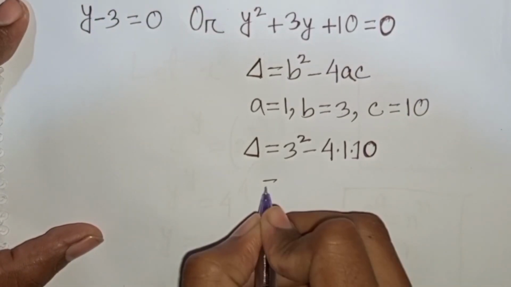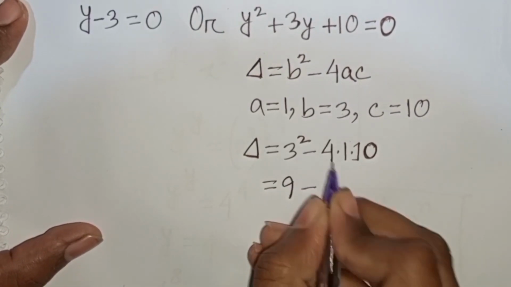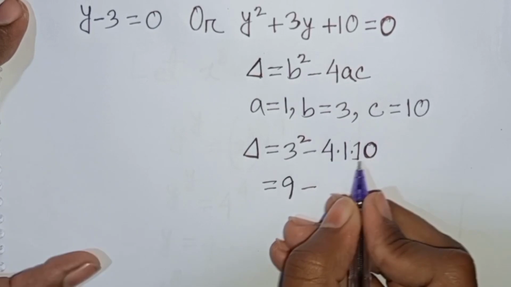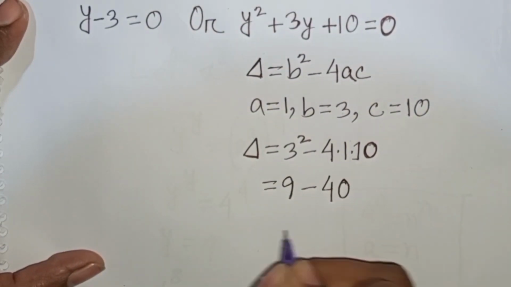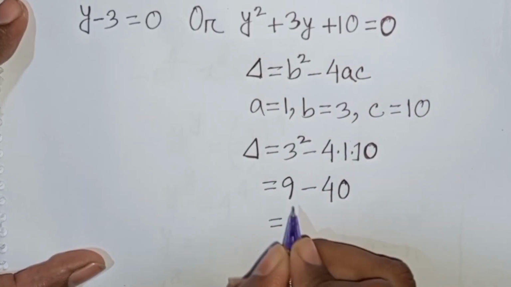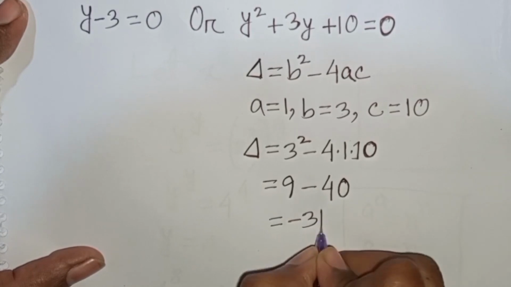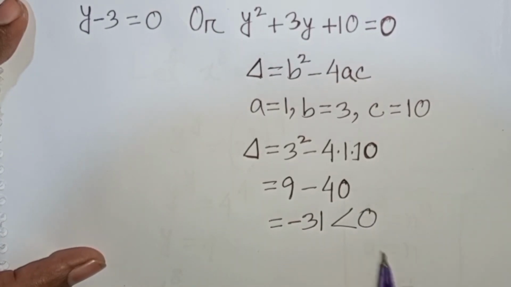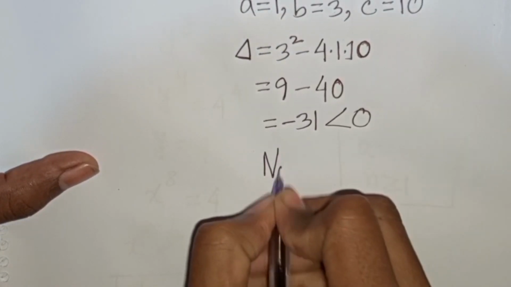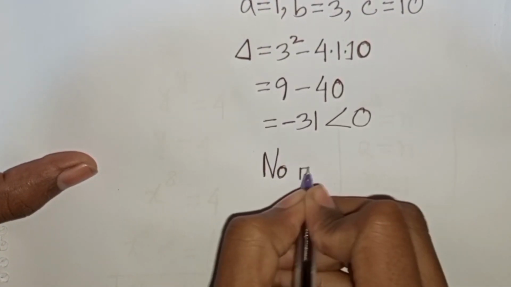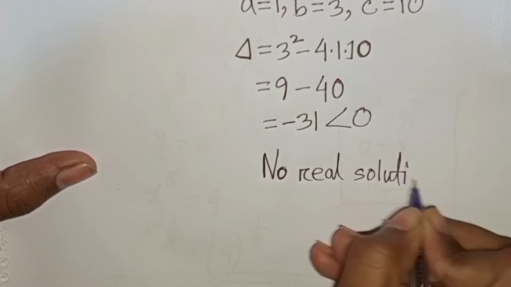Now it is equal to 3 square is same as 9, then minus 4 times 1 times 10, that means 40, then is equal to 9 minus 40, that means minus 31. So minus 31 is less than 0. So here no real solution.